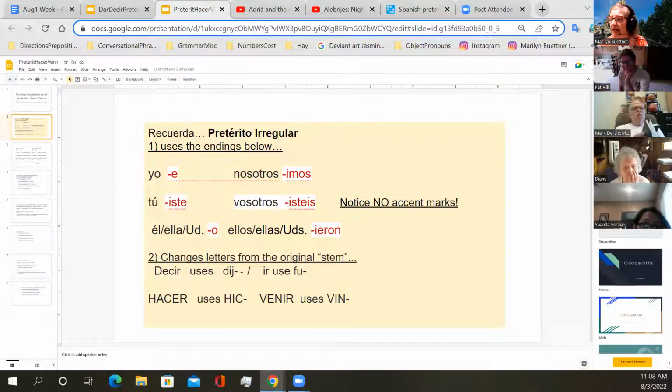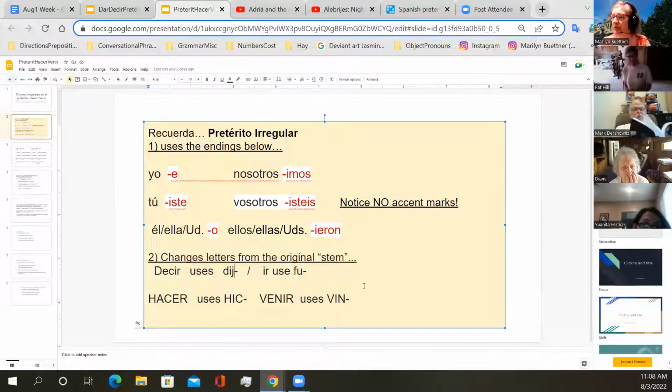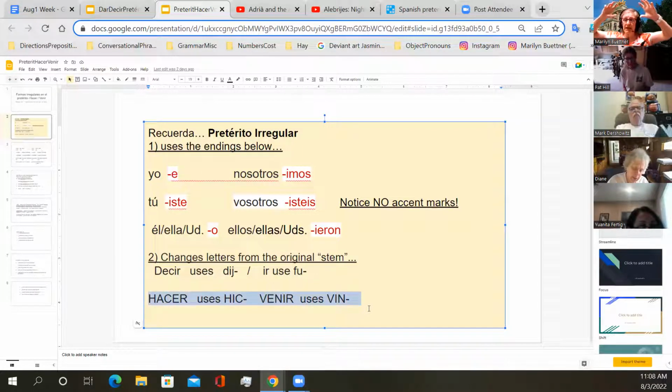Bien, see, and actually I need to put these. Okay, here's what happens. So the pink items at the top are the endings, and those are going to follow the endings we generally plug in for irregular preterit. Okay. Iste, o, imos, isteis, ieron, no accent marks.